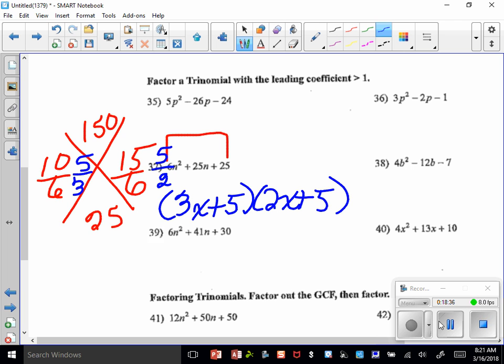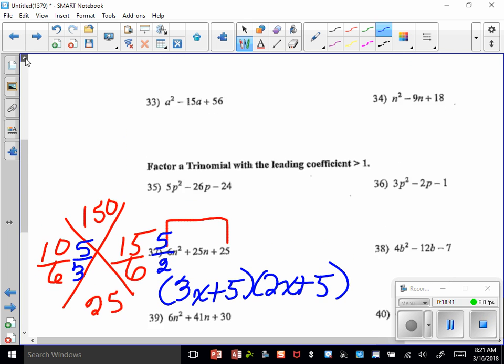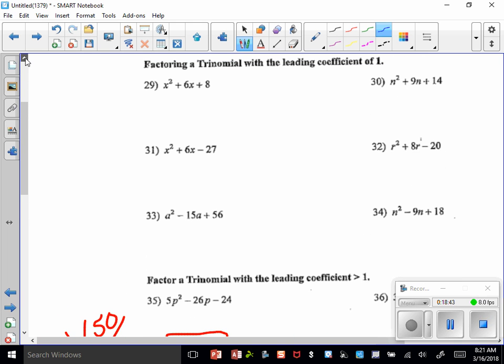Okay, you have a question? Okay. All right, so let's look at the top ones, because I told you, you can do the X method with these when the coefficient to the squared term is 1, but if you know your multiplication facts, I wouldn't think you would need to do that, because we have x squared plus 6x plus 8.